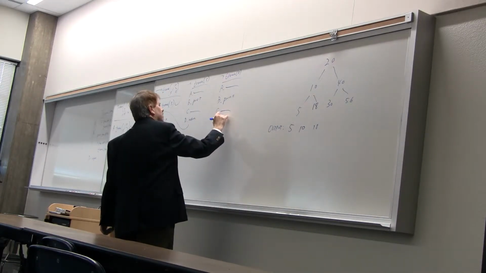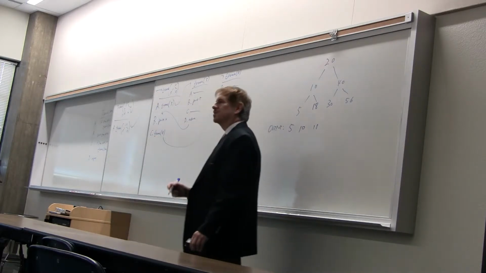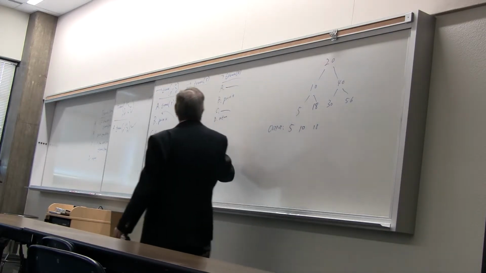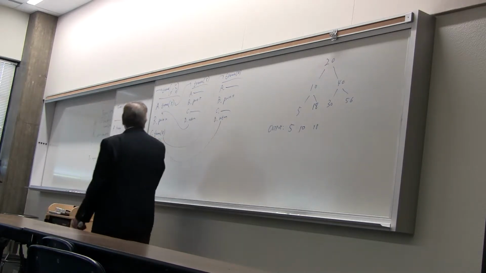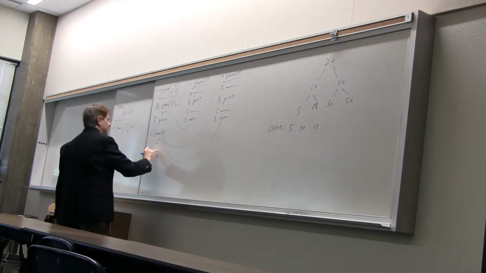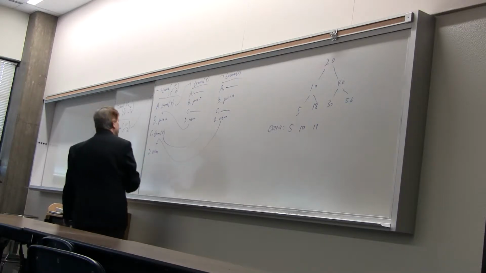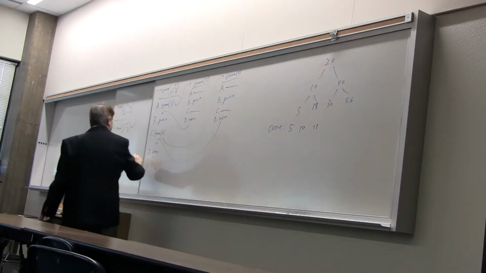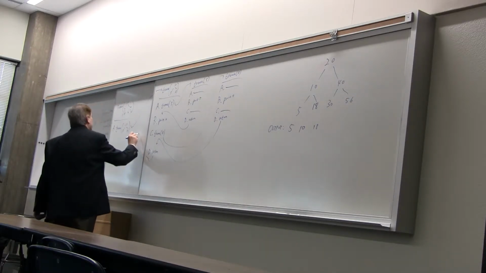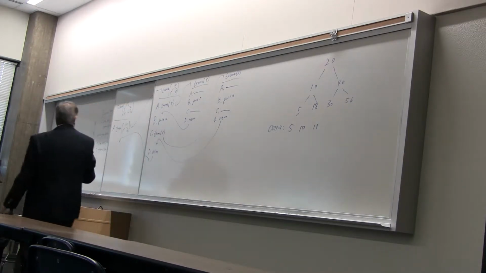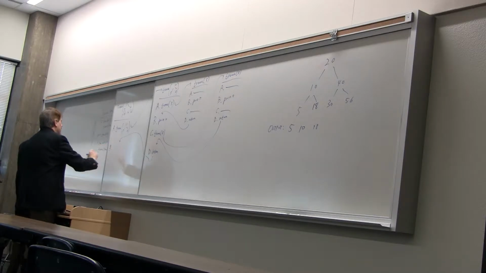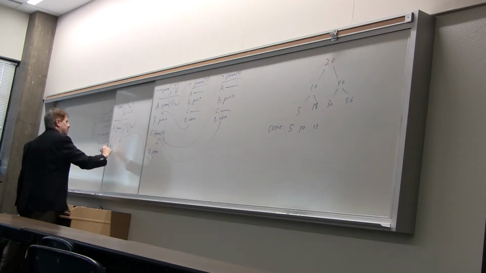Step D, return. And we return right after where we were called from. So we come back right here, and now we're ready for step D, which says return. And we return right after we were called, which is step B, which says print the root data, so we print 20.